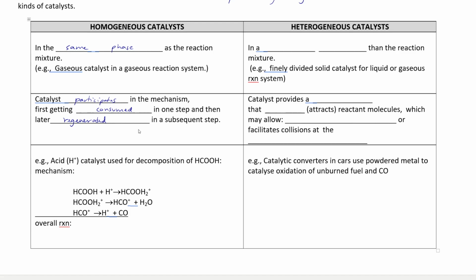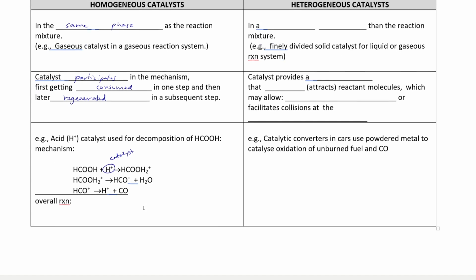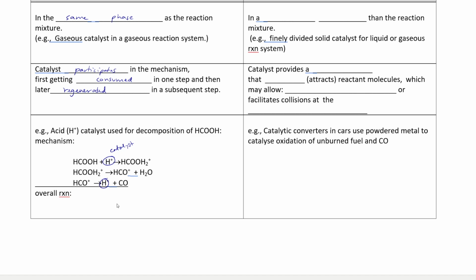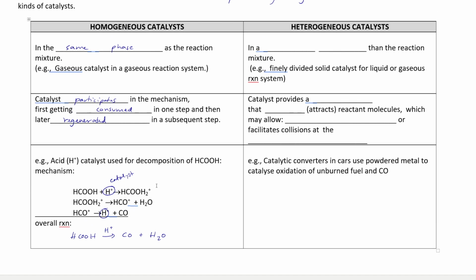As you can see here, the catalyst, the acid, is being consumed in the first step, and then in the last step it is reproduced. The overall reaction does not involve H+. We put H+ above the arrow to indicate that it's a catalyst, but as you can see here, it gets consumed initially but then gets reproduced. So that's a homogeneous catalyst.